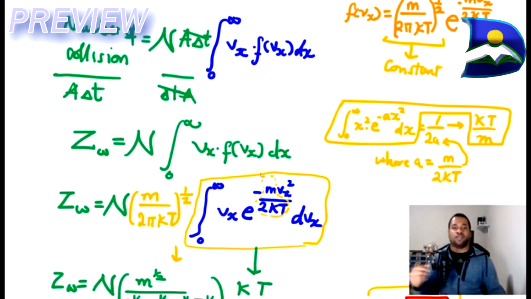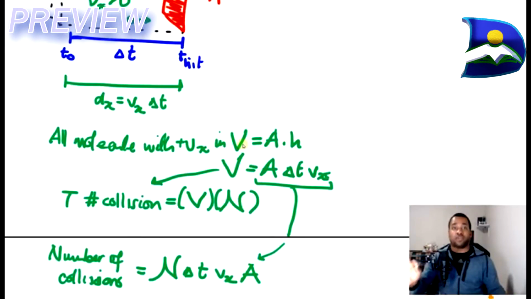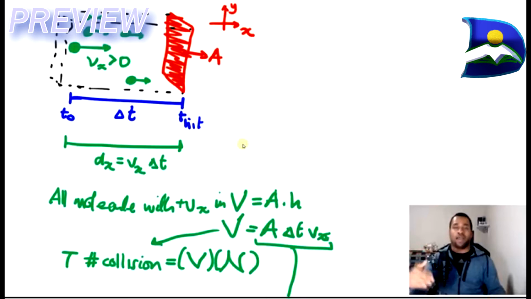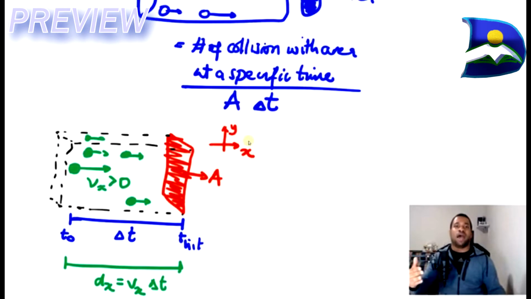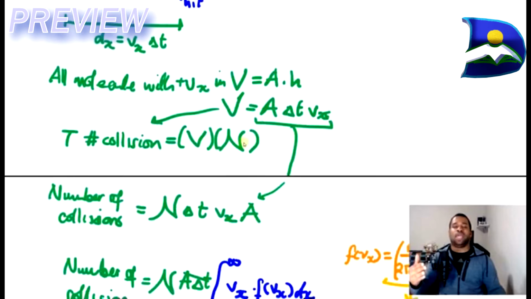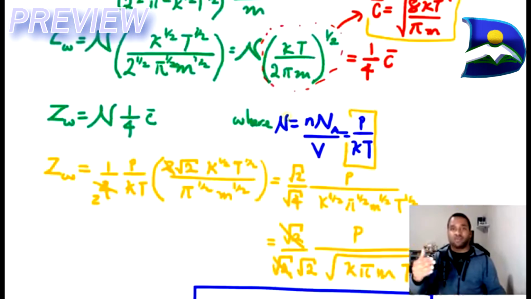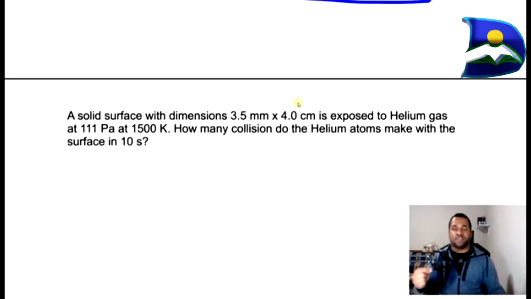This is then introduced in our integration, which accounts for the distribution of velocities towards a specific wall that a particle is hitting at a particular time interval. And so we are now going to use these parts of the derivation process to perform this particular question.